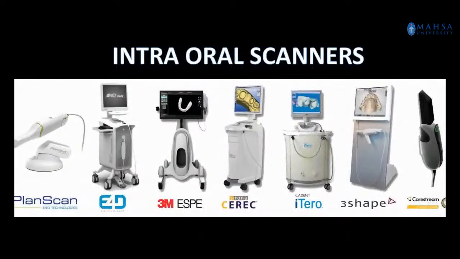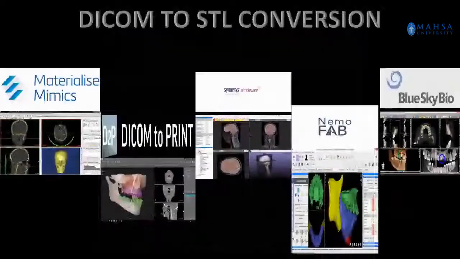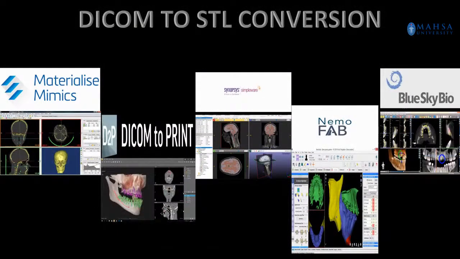So what are the tools that we use? Intraoral scanners. You have a big array of intraoral scanners today, ranging from, I think the lowest cost has come down to around 6 lakhs for an intraoral scanner, all the way up to 22 lakhs in Indian rupees. Then we have lab scanners. So these are all the armamentarium that you need to have. Then we have software tools. Softwares are playing a big role today in 3D printing and in virtual planning.